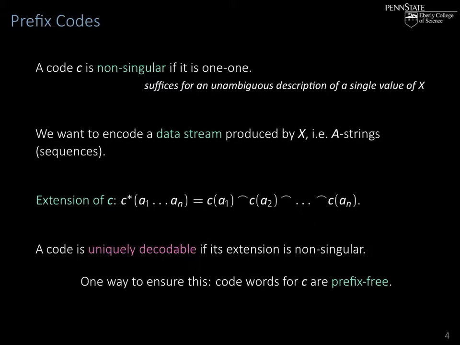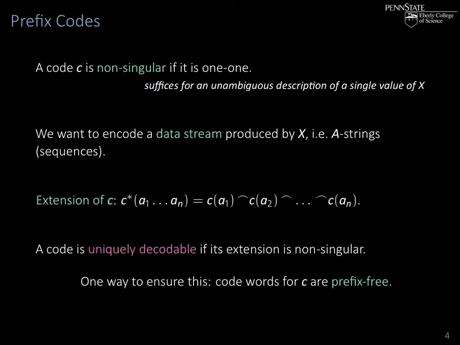And we say that a code is uniquely decodable if its extension is non-singular. So that means whenever we have a sequence of concatenated code words, we can from that reconstruct the input string.